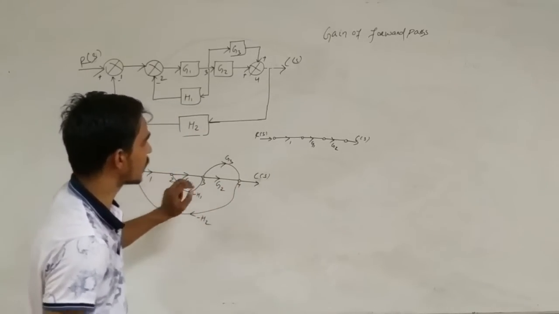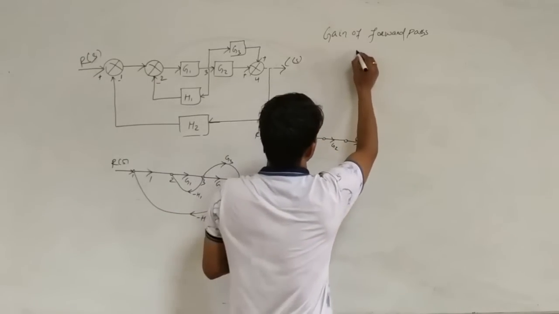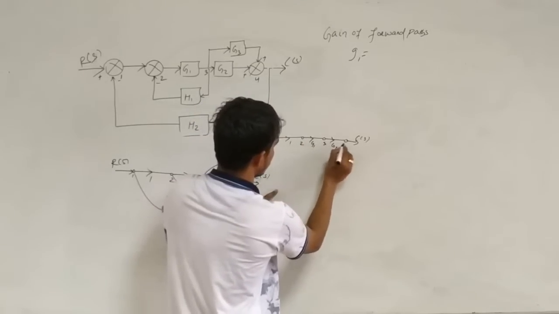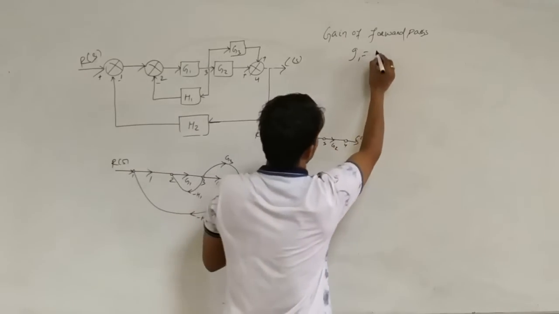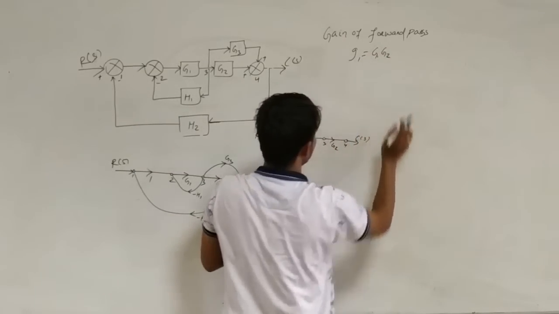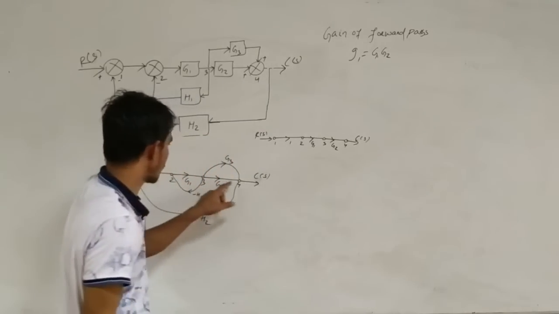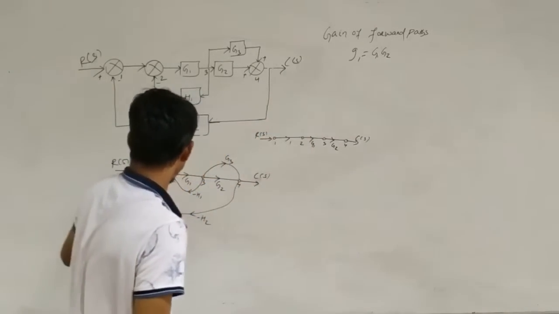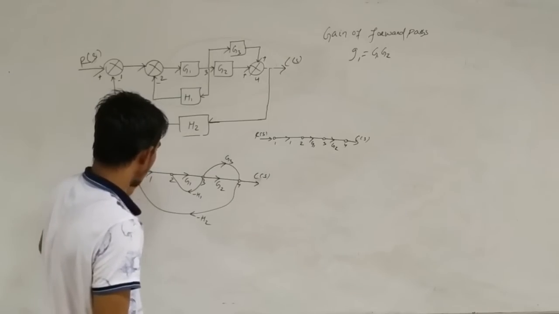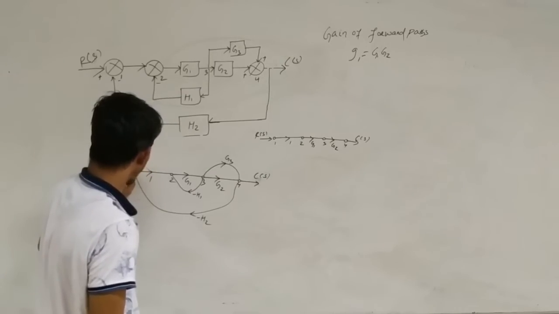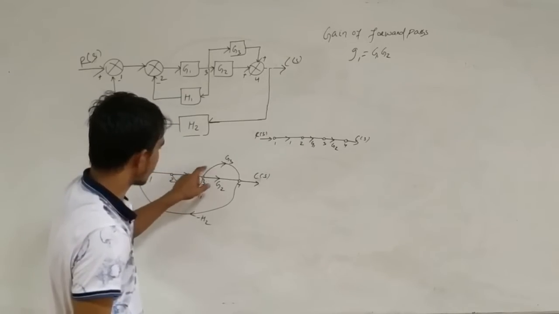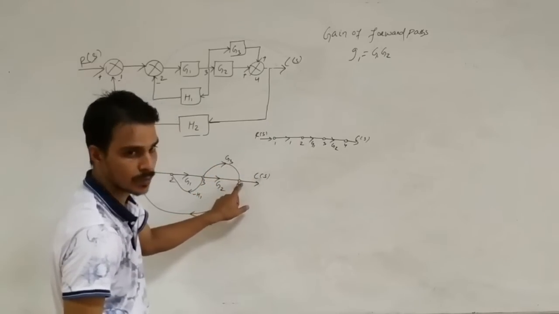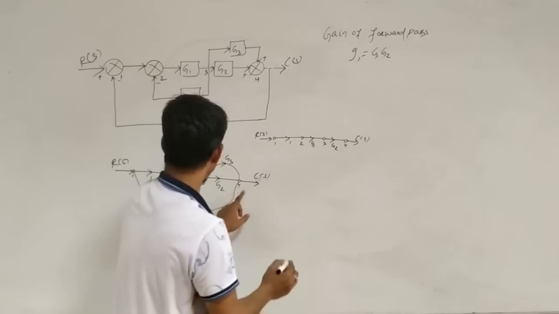What will be the gain of this forward path? Suppose the first forward path, say small g1, equals G1 into G2. That is the gain of the first forward path. Now, are there any other forward paths? Node 1, 2, 3, then by the help of G3, again coming to node 4. So this can be a forward path.